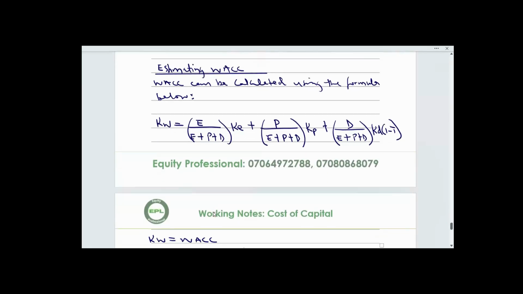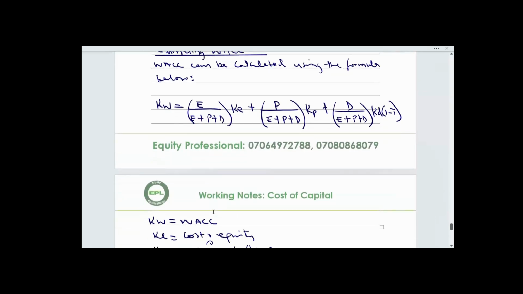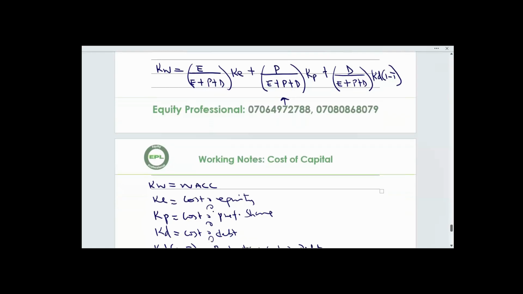Now, on the day of your exam, it is possible you may not have preference share. If you don't have preference share in the question, then the middle formula will not be there. You remove the middle line, so it will just be equity and then debt. So you are not going to use the entire formula.